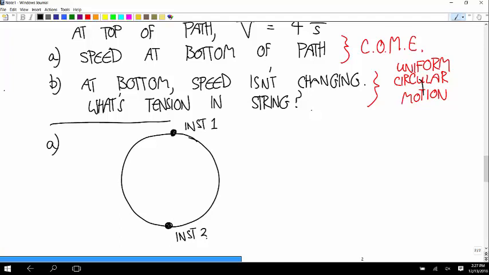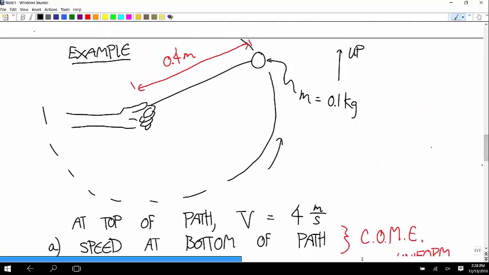Okay, how do you know that we can use conservation of mechanical energy for this problem? What forces are acting on the ball at just some arbitrary instant in here? The weight is one, that's right. Not normal, tension, the force the string applies to it. So it's just being spun around like this.